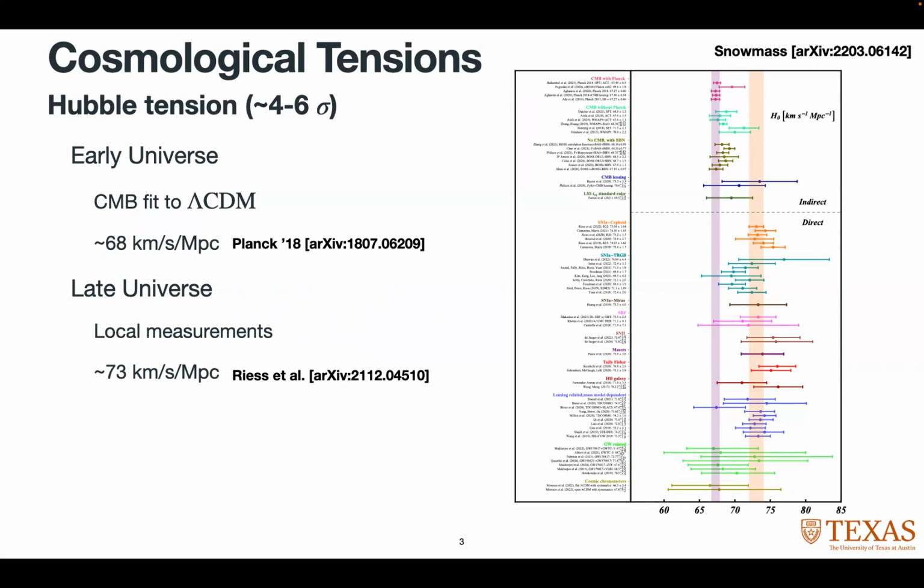Early universe observation comes from ΛCDM, and this is a small value, about 63 kilometers per megaparsec. And the late universe measurement comes from local measurements, and those give us a larger value, about 73 kilometers per megaparsec.